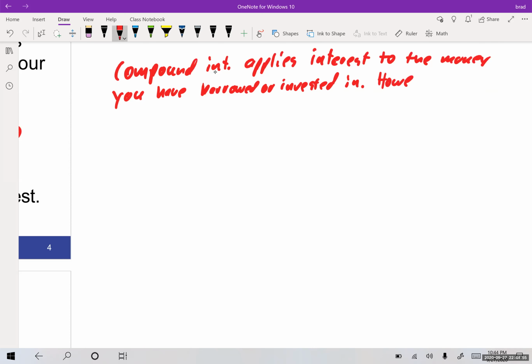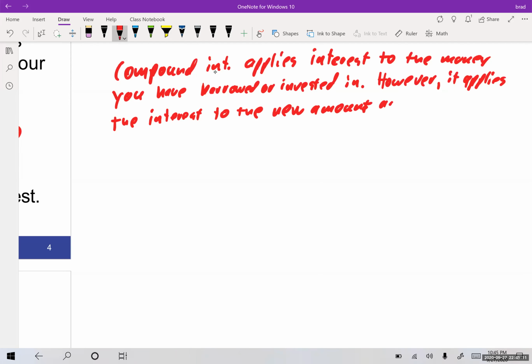However, it applies the interest to the new amount and not just the original principal.